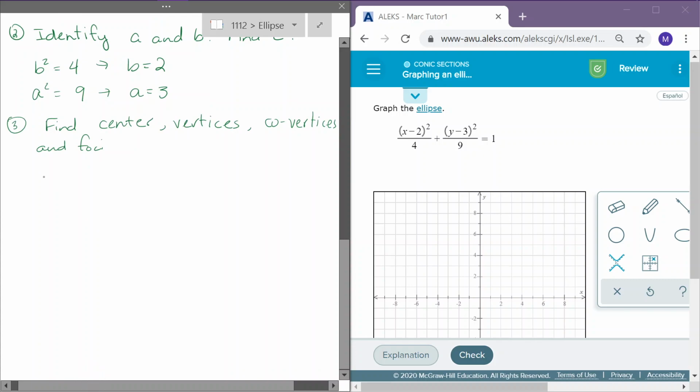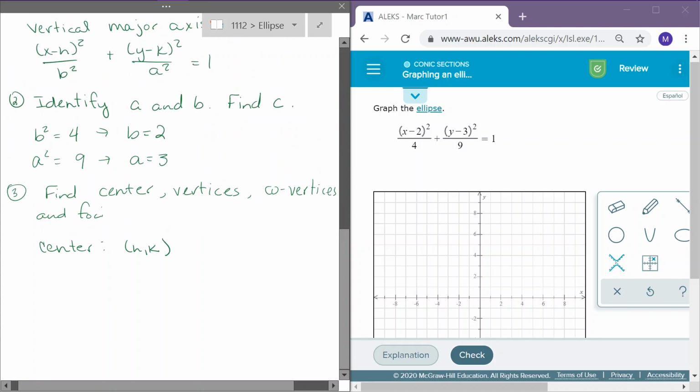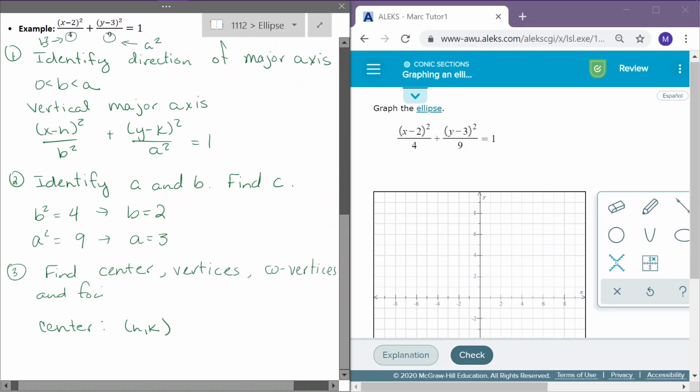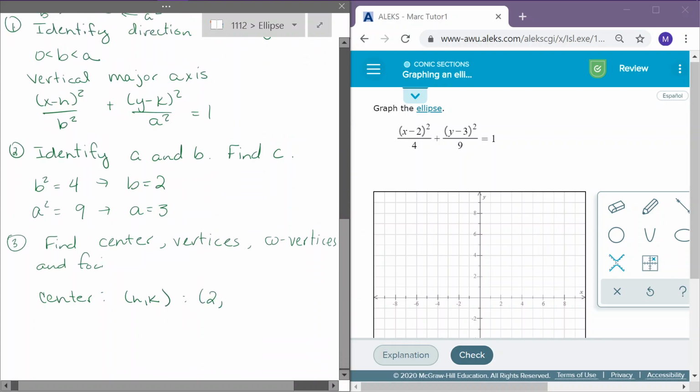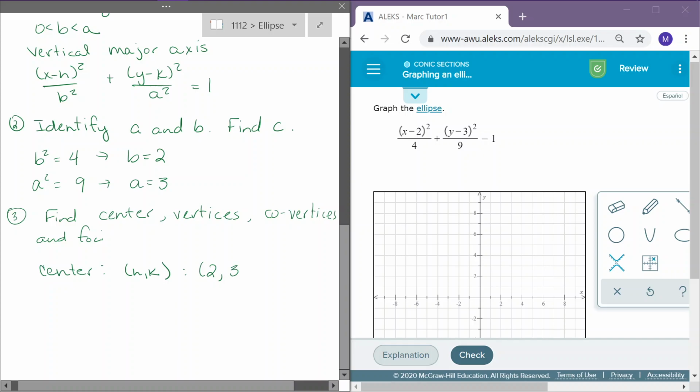So, our center, as we said above, is (h, k). So let's look at our example. We have x minus 2, so our h is going to be 2. And we have y minus 3, so our k is 3.